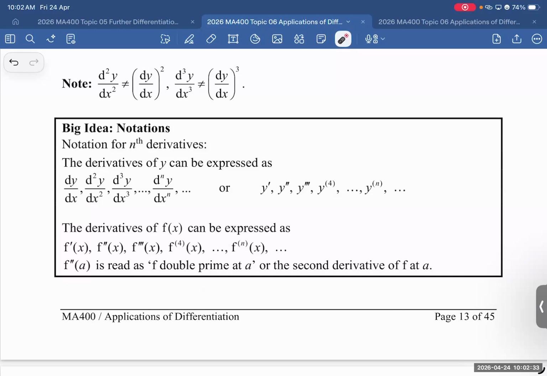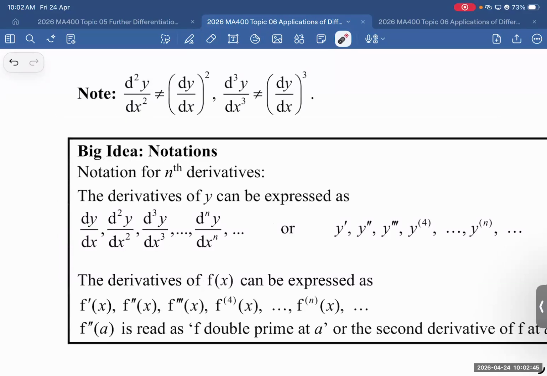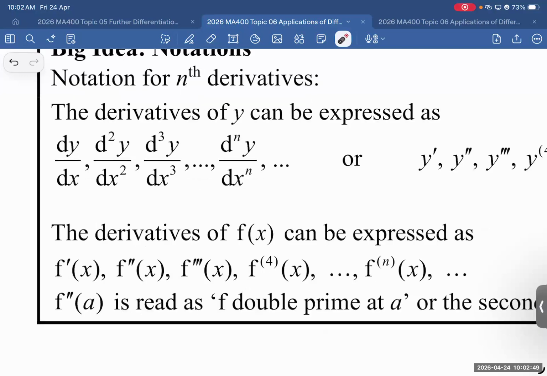So d2y dx squared. You can also call it y prime, y double prime. Note, when you differentiate the first time, I call this one stroke, 2 strokes is the second derivative, 3 strokes is the third. If you're differentiating the fourth time, make sure you put a bracket.